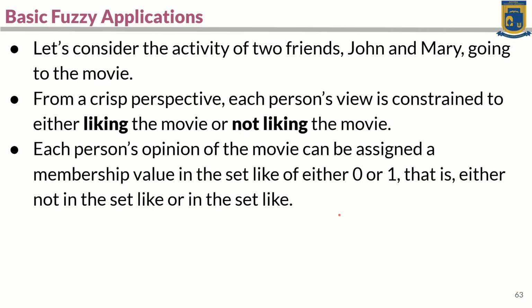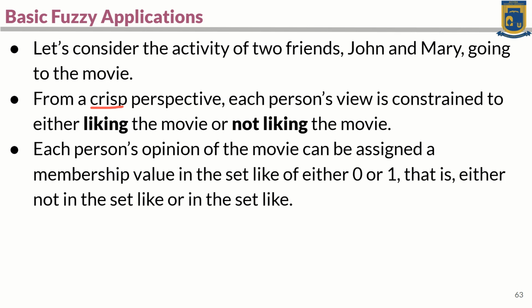If we want to use the crisp approach, we only have two options. Did you like the movie? Yes or no? You can't tell me that you love the movie to a certain percentage. Oh, maybe I'll grade it 60%. If you are grading it 60%, or you love the movie somehow, you are not thinking in terms of crisp or classical.